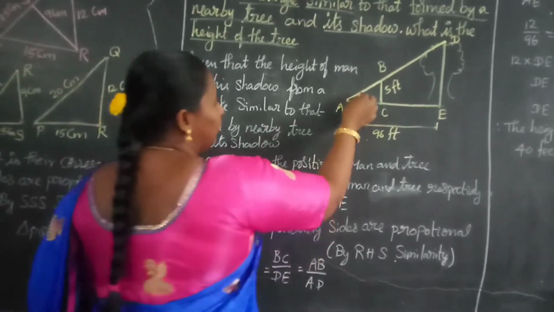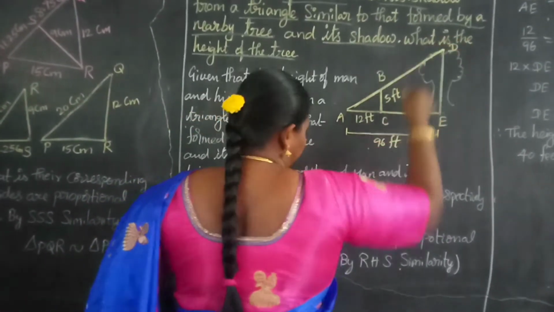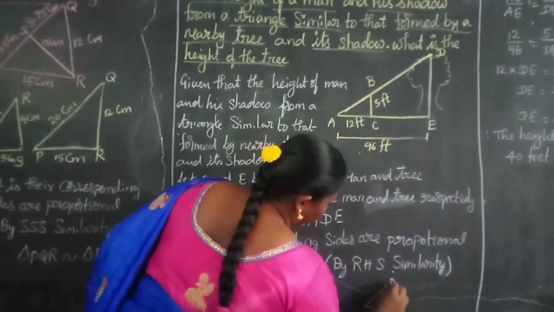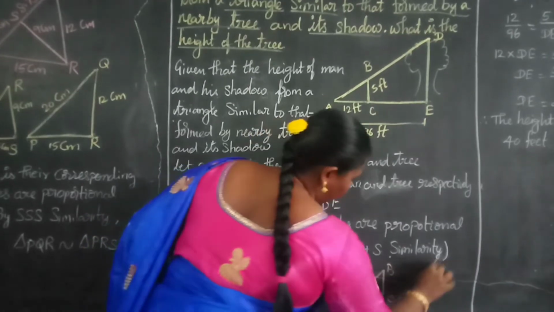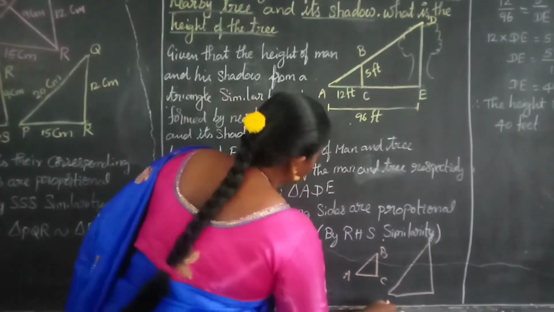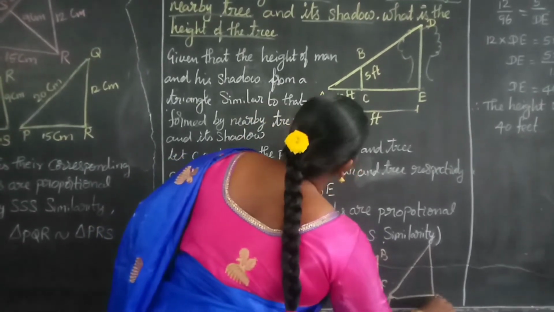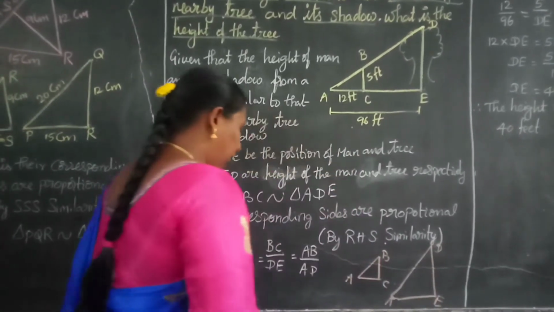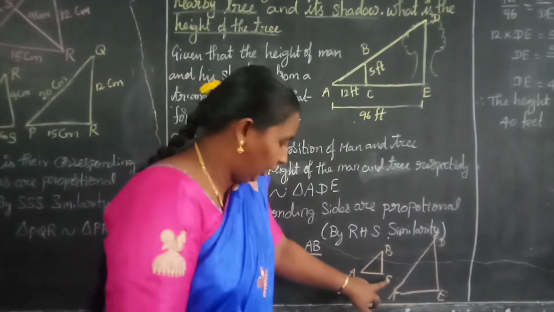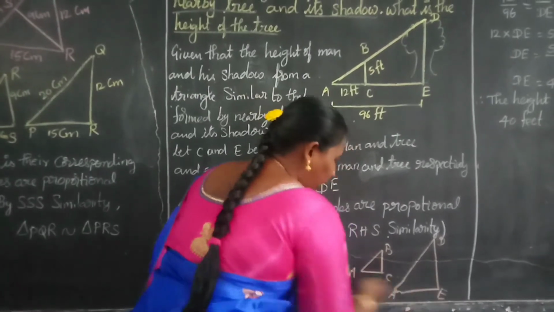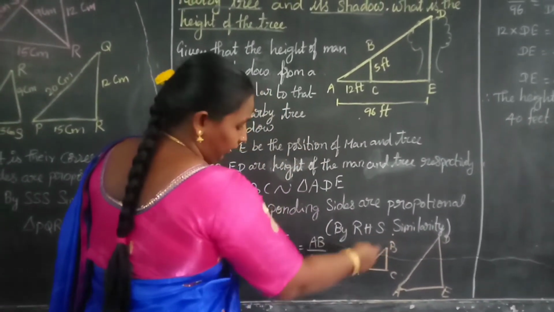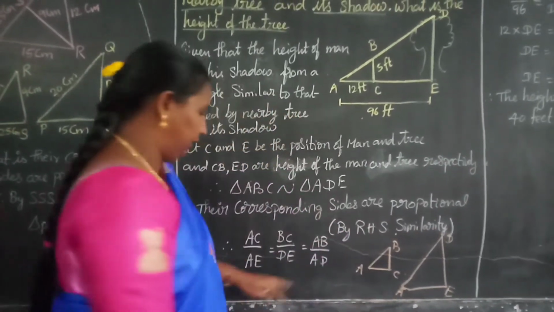Write separately the triangle B, C, A, and the big triangle formed by the tree, A, E, D. Now see, AC by AE, we are taking that base. AC by AE equal to BC by DE equal to AB by AD.